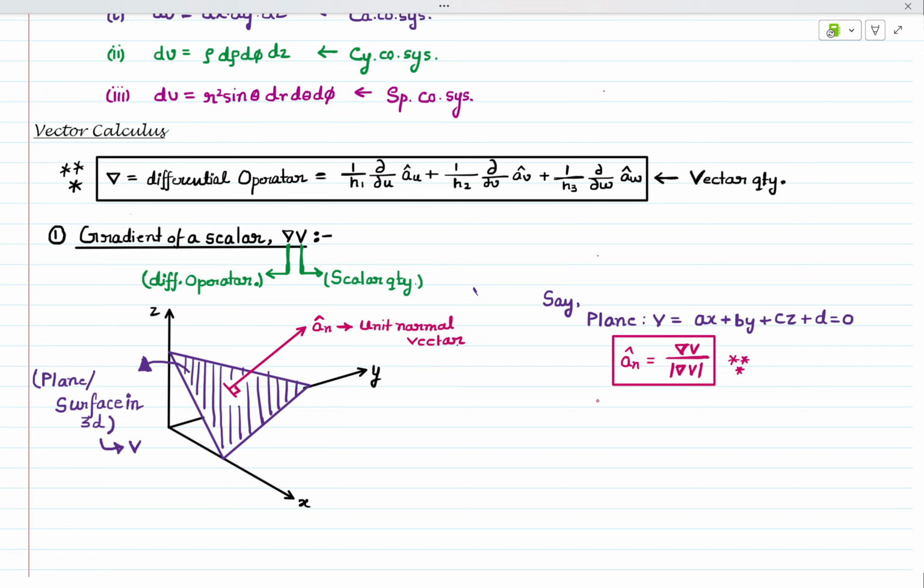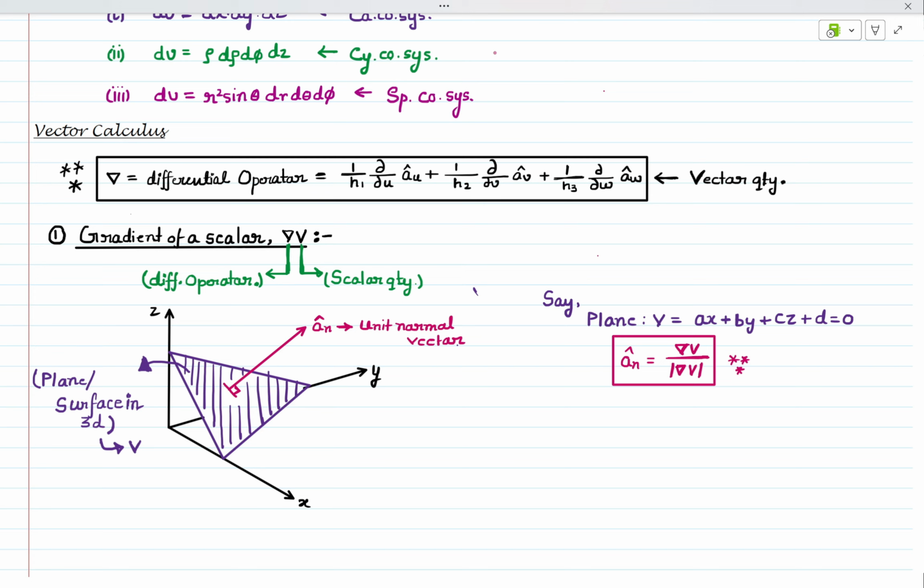So why is the gradient here? It is used to find the unit normal vector to a line or surface or any scalar function.